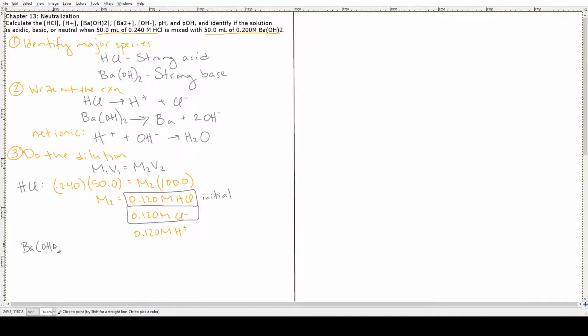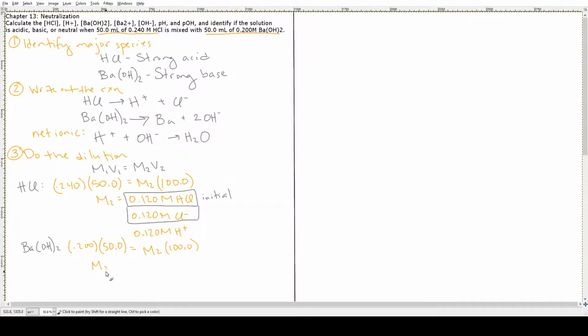Let's do barium hydroxide. So this one started at 0.200 and 50. Ended at, we don't know, but it had the same volume.